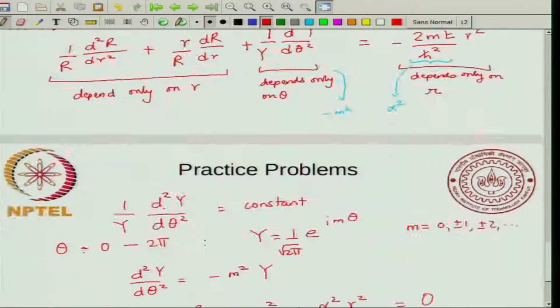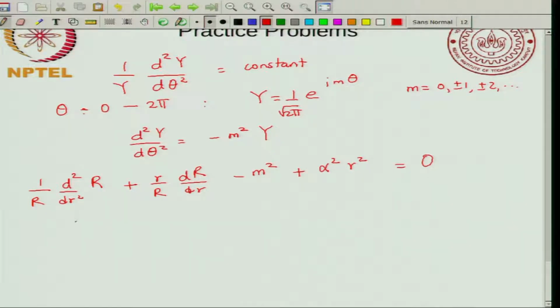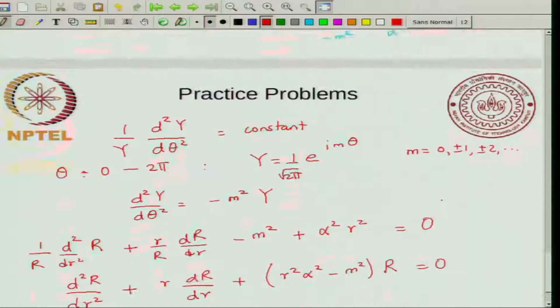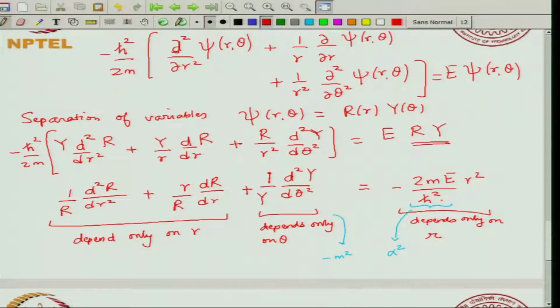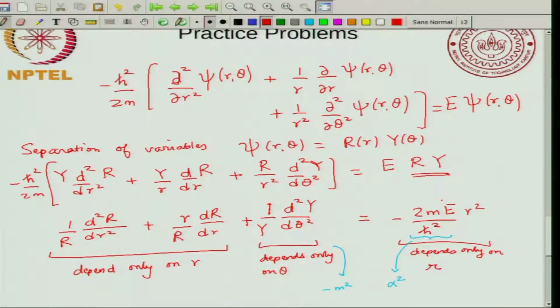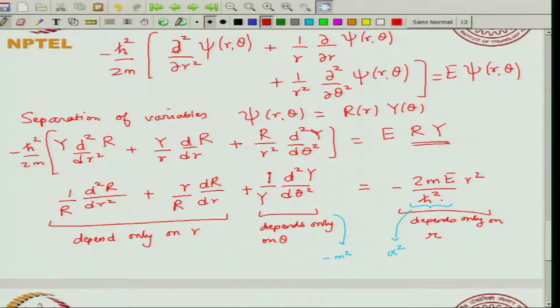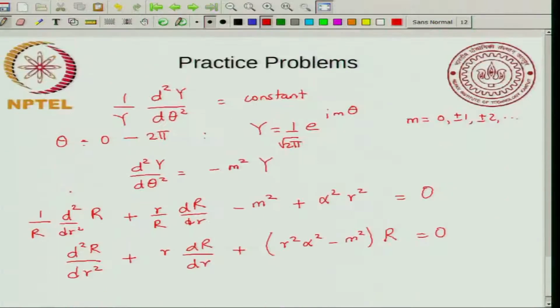So suppose I just multiply by capital R, then what I'll get is d square r by dr square, plus r dr by dr, plus r square alpha square minus m square times r equal to 0. Let me just check once again, to make sure I got all the factors. When I multiply by r square, there should be an r square here, that is good.